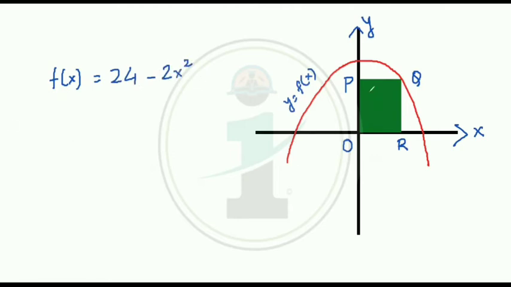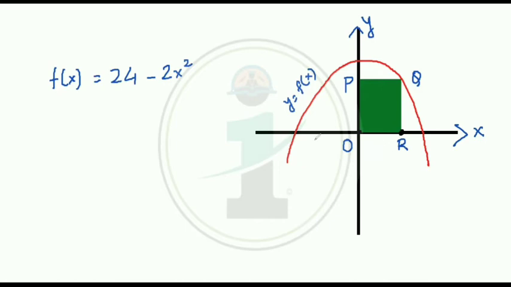Now what's given? OPQR is a rectangle, and we are trying to maximize the area of the rectangle, right? And we need to find the coordinates of the point R.